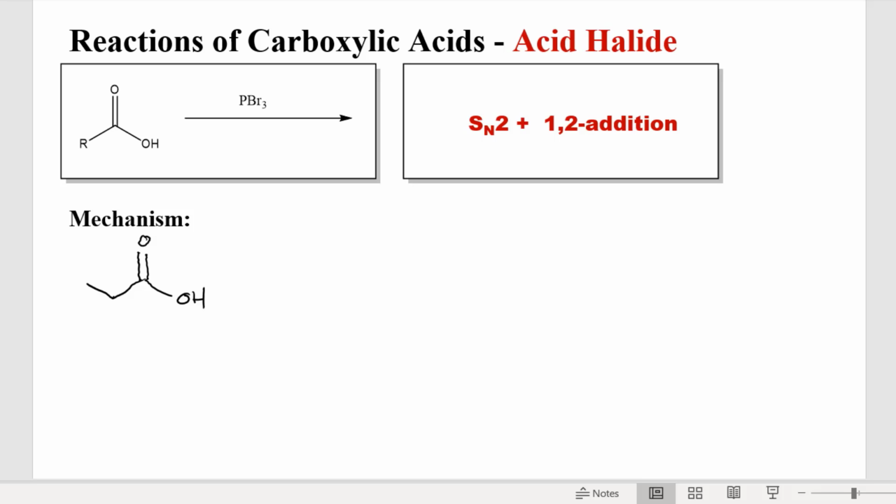So I thought maybe I'll use PBr3 and convert this to an acid bromide. How do we do this? Well, we're going to do an SN2 reaction. Pretend that this is an alcohol. You don't hear me saying this very often. You do an SN2 reaction. There's my SN2. So far, it's just like the regular PBr3 reaction.